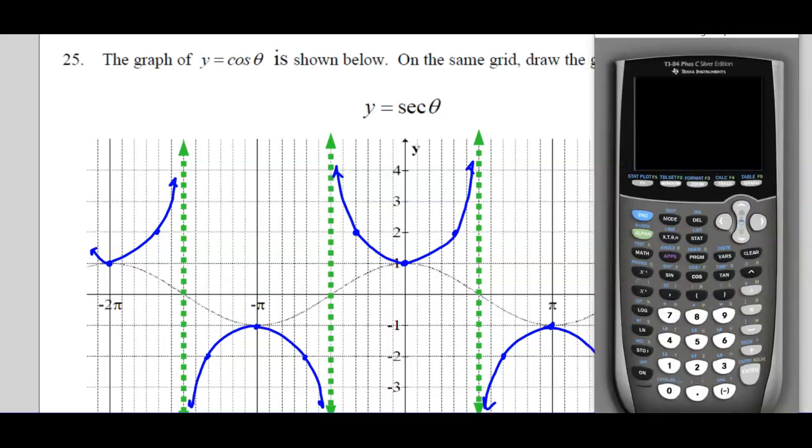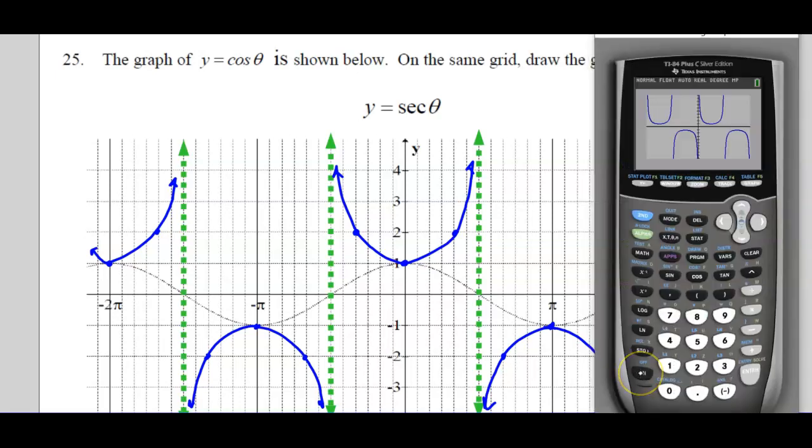Okay, I graphed on my calculator y equals 1 divided by sine theta. So remember, you can put it in like that. You could also go sine of x, and then x to the -1.